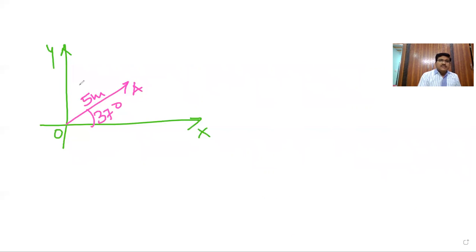Let me resolve this force OA into a horizontal component and a vertical component. First, I need the horizontal component. So the x component of OA.